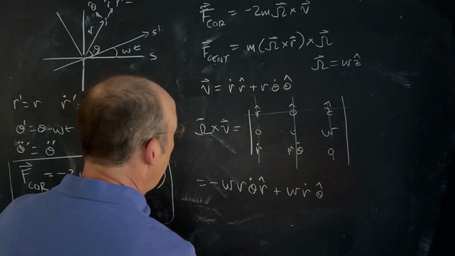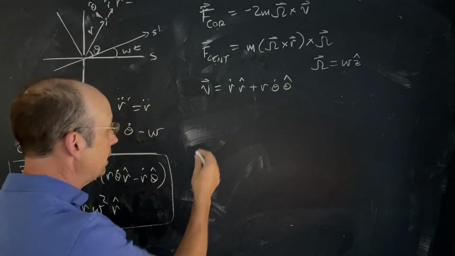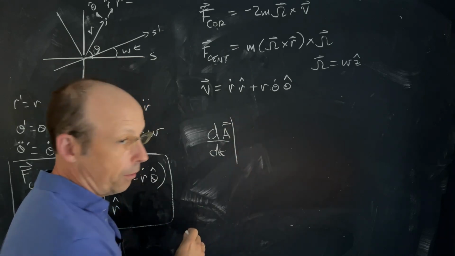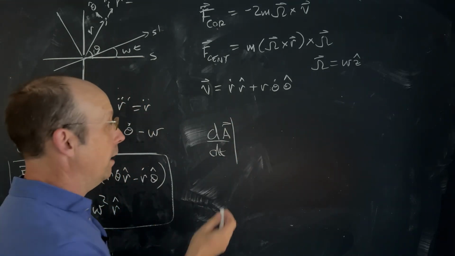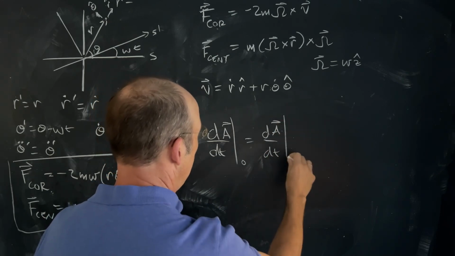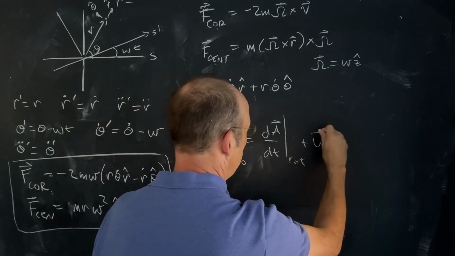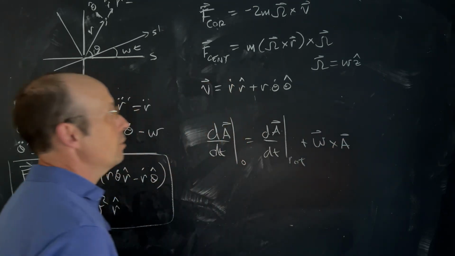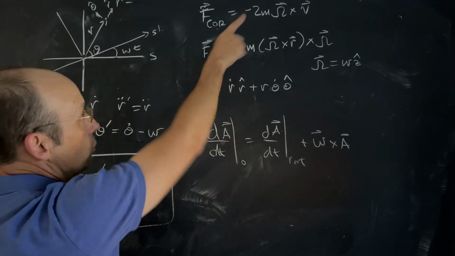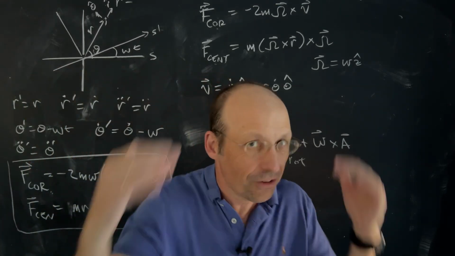The other way to get these derivations is to first derive this: the derivative of a vector in a non-rotating frame is equal to the derivative of the vector with respect to time in the rotating frame plus omega cross A. You can get the same things when you take the derivatives, and that's how you get those two things right there. But I'm not going to do that because this is difficult to derive. I've done it before, and it didn't really sit in my brain.